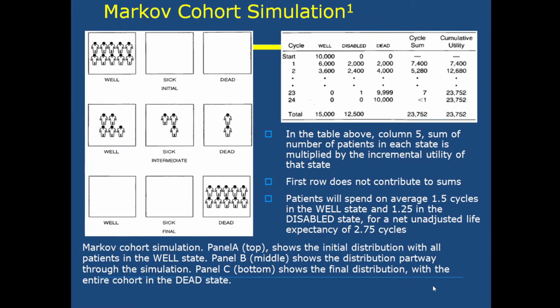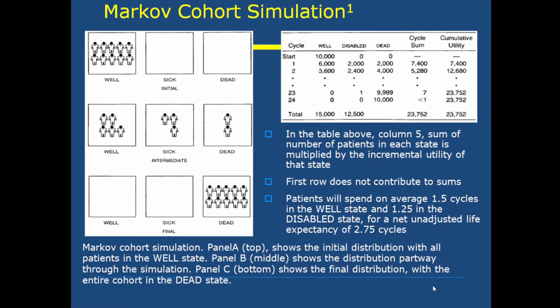At this slide, you see an example of Markov cohort simulation. In the table above, we have some columns, and column 5 contains the sum of the number of patients in each state multiplied by the incremental utility of this state.